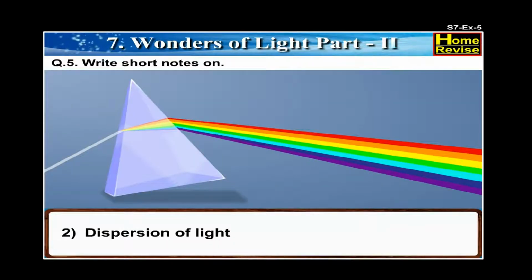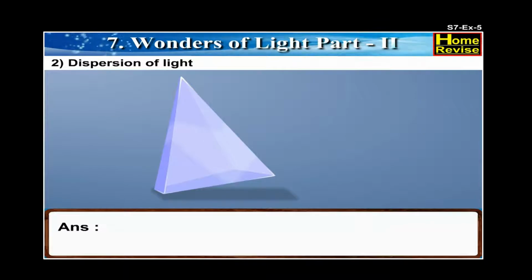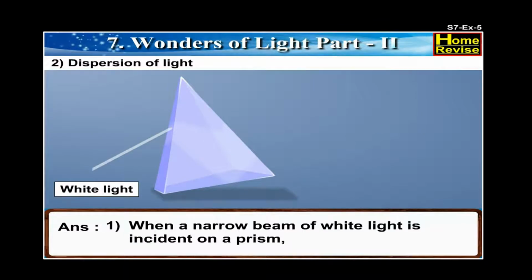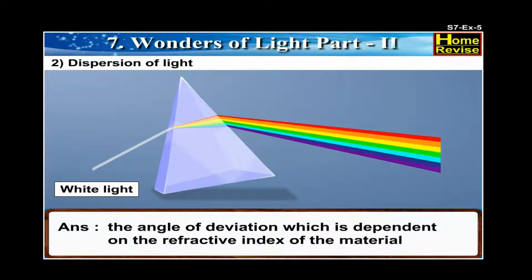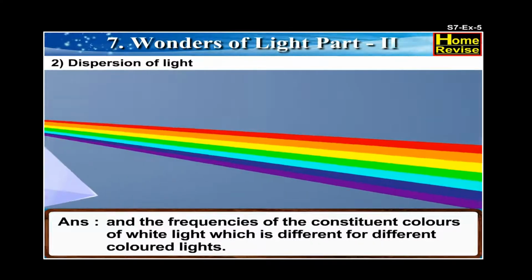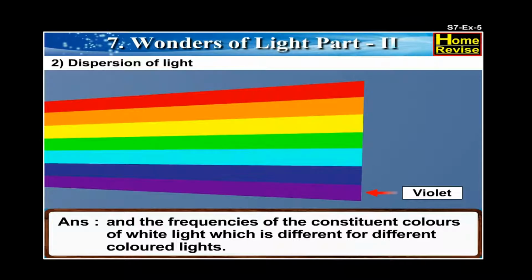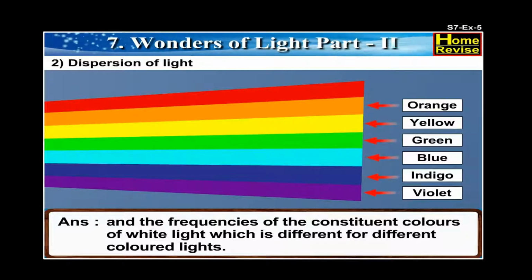Second, dispersion of light. Answer. When a narrow beam of white light is incident on a prism, the angle of deviation, which is dependent on the refractive index of the material and the frequencies of the constituent colors, is different for different colored lights.